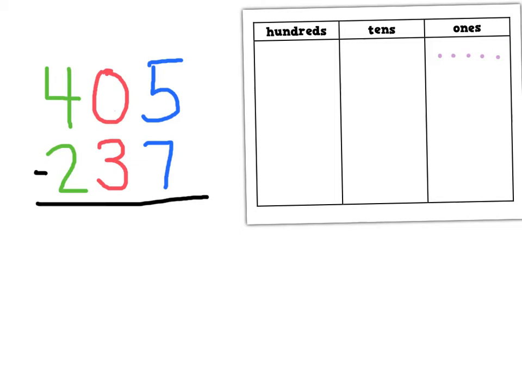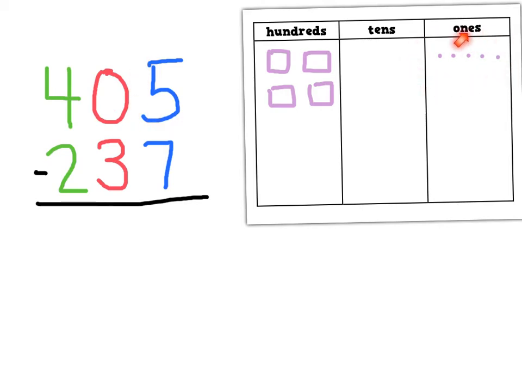Let's draw out 400 flats. 1, 2, 3, 4. Both my number in digits and in base 10 represent the number 405. Now let's subtract. We start once again with our digits in the ones place.